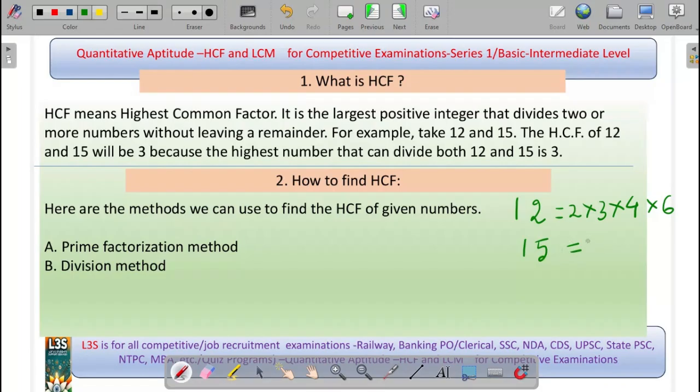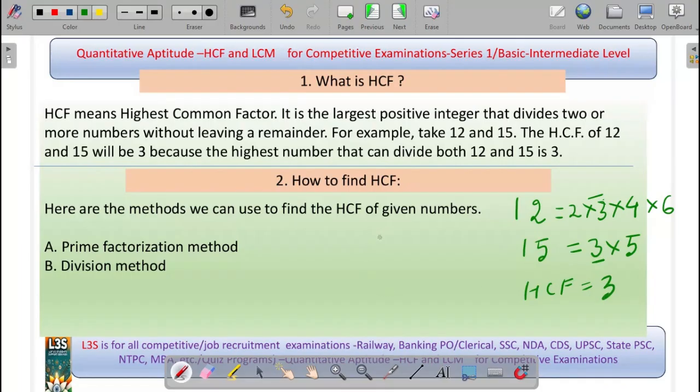The factors of 15 are 3 and 5. So what is the common highest factor? The common factor is 3. So the highest common factor is 3 here.